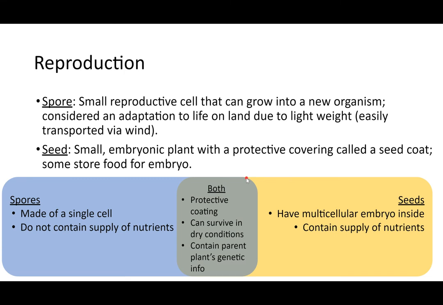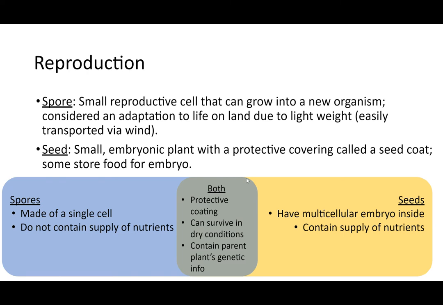And then finally, reproduction, again, just comparing and contrasting spores and seeds. Spores are very small reproductive cells that can grow into the new plant. They are considered an adaptation to life on land due to them being very lightweight, so they can be very easily transported via wind.